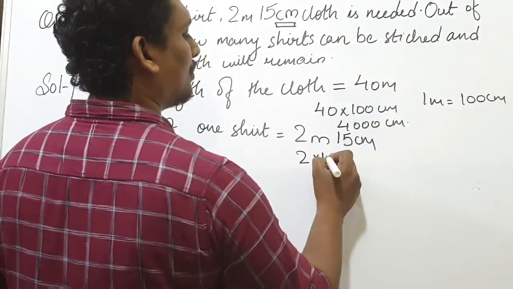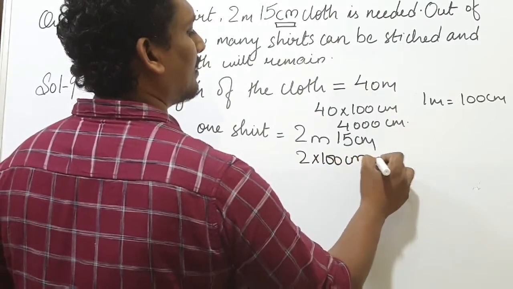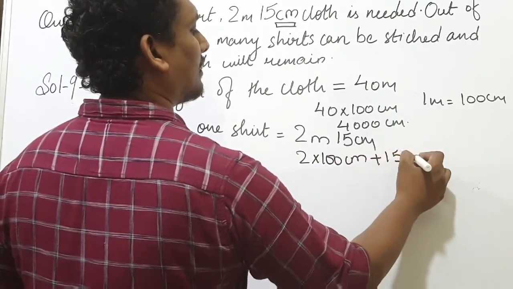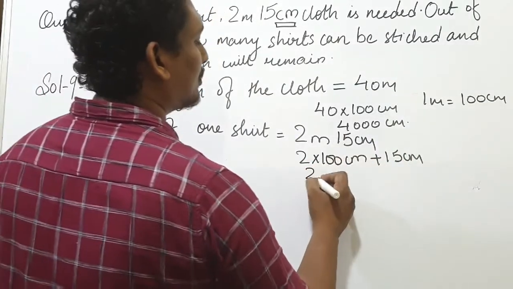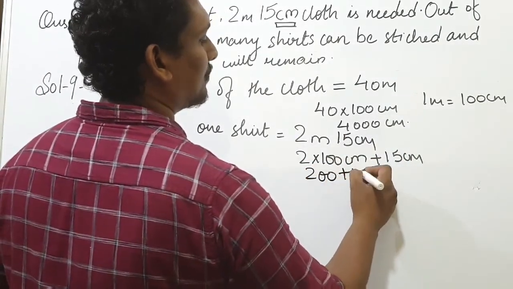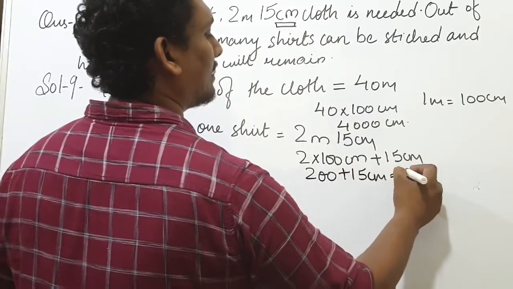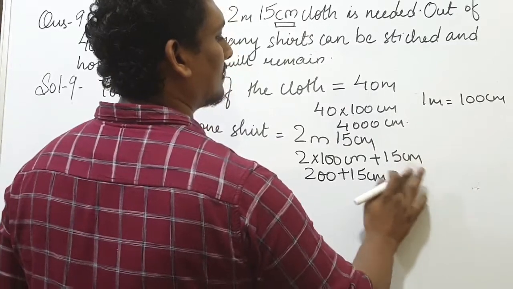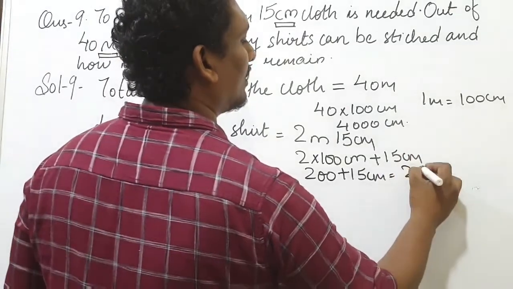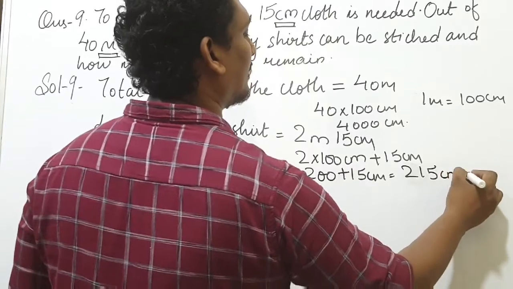So 2 into 100 centimeter plus 15 centimeter. So 2 into 100, that is 200, plus 15 centimeter. The answer is 215 centimeter.